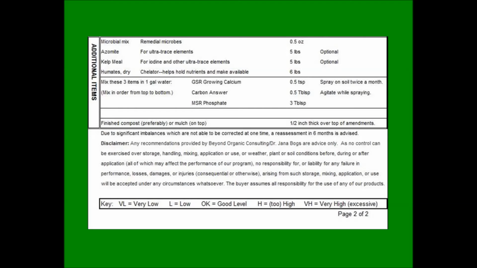In this case, for this particular soil analysis, we're adding humates, which can increase the holding capacity of the soil. It's going to vary with the soil analysis, but there are usually a few other things that we want to add. And then we're almost always, for most situations, going to have some sort of finished compost or mulch on top.